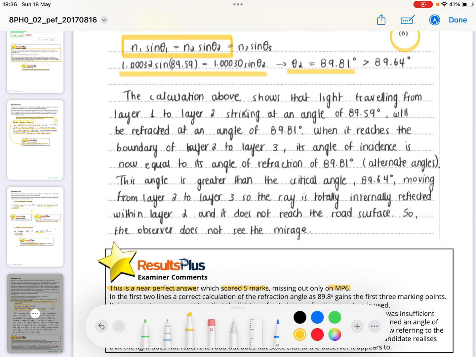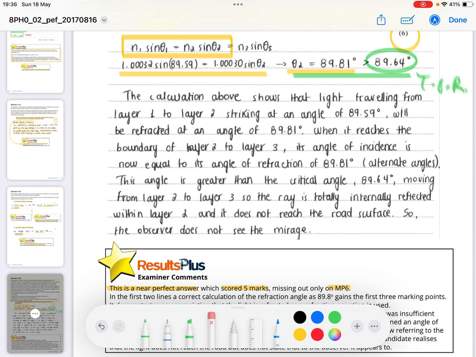So at the second boundary, when it's hitting the hottest layer near the road, the angle, theta 2, is now greater than the critical angle, which is given to you in the question. So from layer 2 to layer 3, it creates total internal reflection, but only at the second boundary, not at the first boundary.